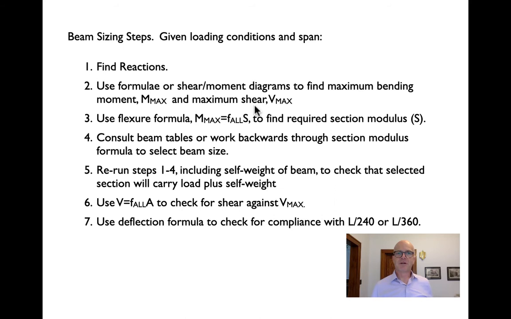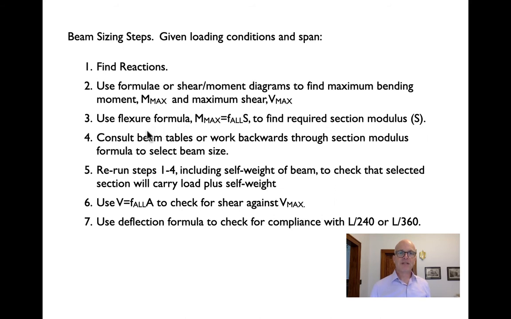Shear almost always occurs at the end. And then we'll use the simple flexure formula, maximum moment equals allowable stress times section modulus, to back out a figure for S, the section modulus, a measure of the cross-section's area, and where that area is relative to the neutral axis, how efficient the beam is at resisting bending.